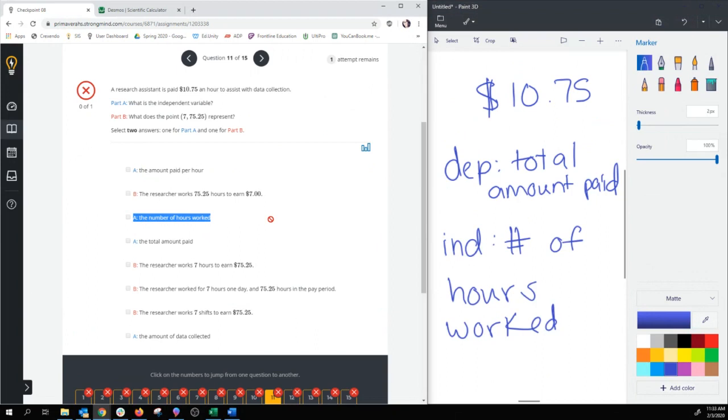Let's see. And then for B, Chelsea thinks that it should be 7 hours worked and you earn $75.25. So that is correct. So for B, if the researcher works 7 hours, they will earn $75.25.